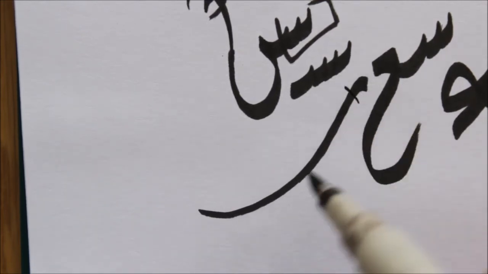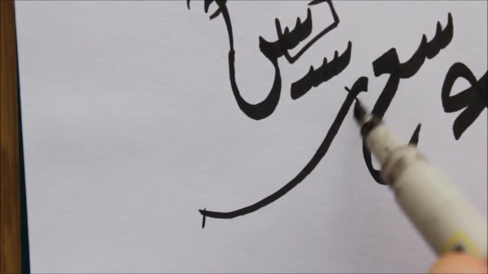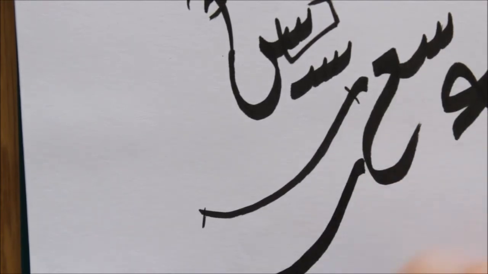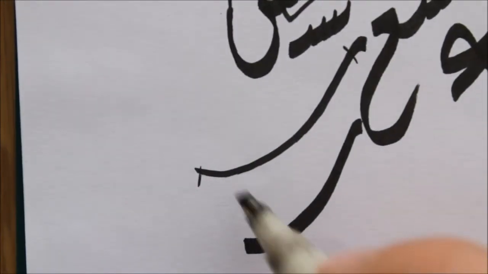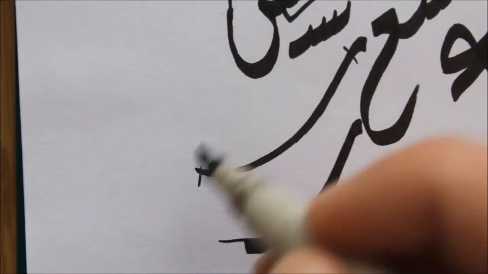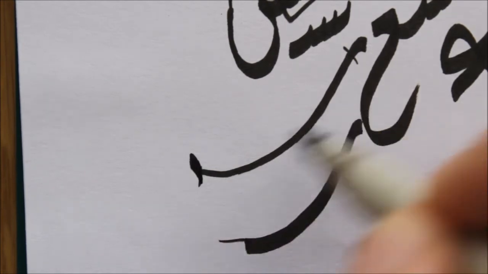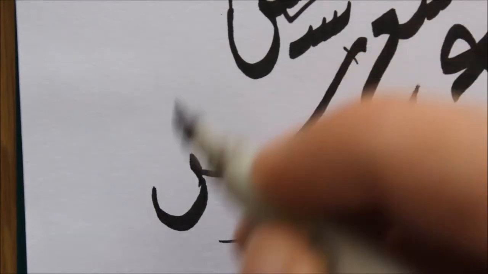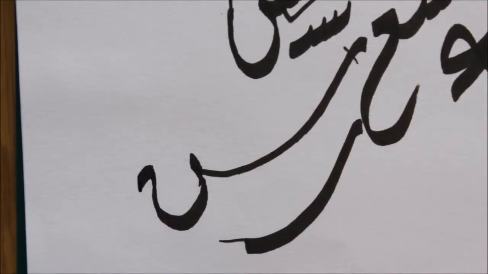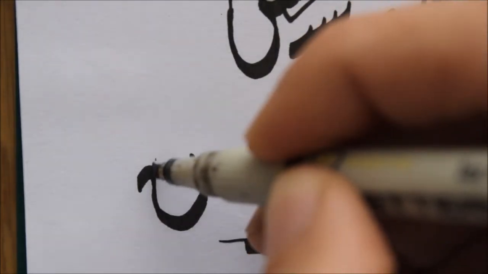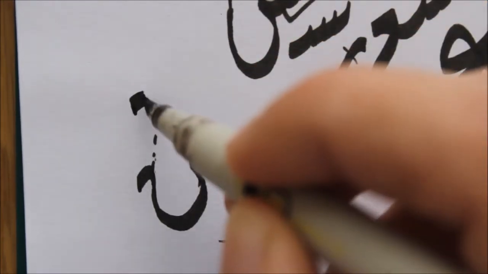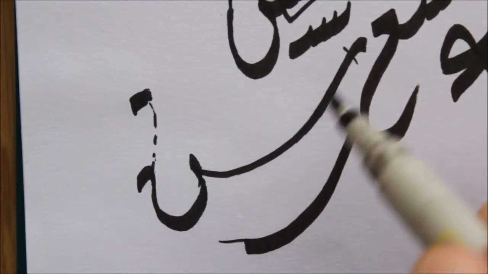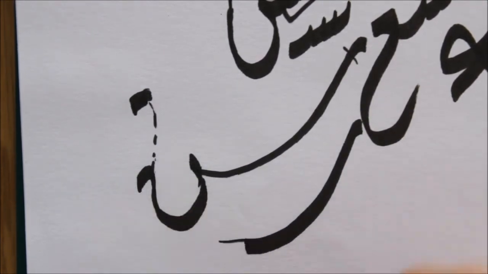By the way, the thickness changes, it starts thick then goes thin, unlike the ba stays thick all the way down to here. The sin decreases in thickness, as we can see. Back to here, we connect a sin to a noon. So far it looks like a normal scene, but what changes into a sin noon is adding the dot. Again, we have 2 shapes, we have the short one or the long one. So this is sin. If we were to write a scene, we just delete this one.